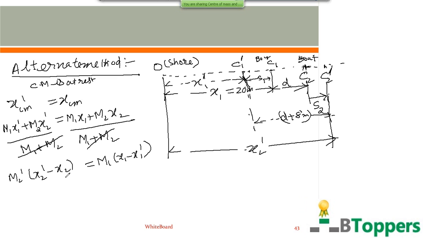X2 is the initial distance of the boat from the shore. X2 dash is the new distance of the center of mass of the boat from the shore. So X2 dash minus X2 gives the distance moved by the boat with respect to the station observed. Here you can write M2S2 equal M1S1.